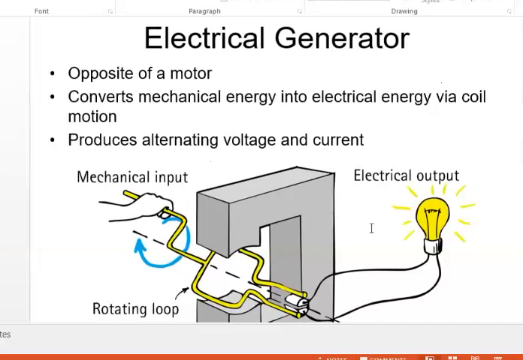Even it can produce direct voltage or current. When alternating voltage or current is produced, the generator is called an AC generator. If direct current is produced, it is called a DC generator. The difference is that in an AC generator there are two complete slip rings, but in a DC generator there is only one ring, which is split.